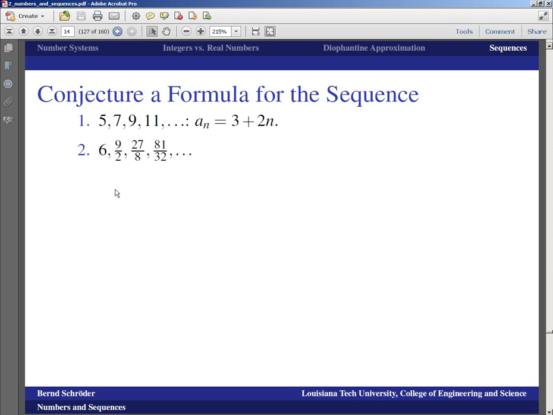All right, so first intelligence test passed here, right? Well, great. Okay, now let's take a look at this sequence. Starts with 6, then you get 9 halves, then you get 27 over 8, then you get 81 over 32. What do we see here? Okay, 9 is 3 squared, 27 is 3 cubed, 81 is 3 to the fourth. So it's something that's geometric, probably.